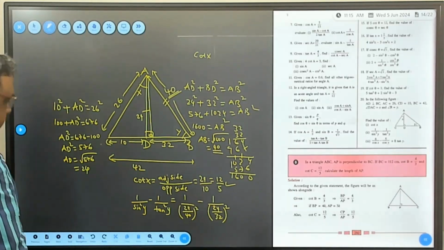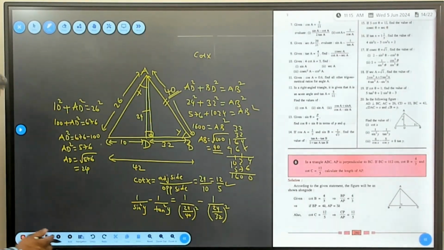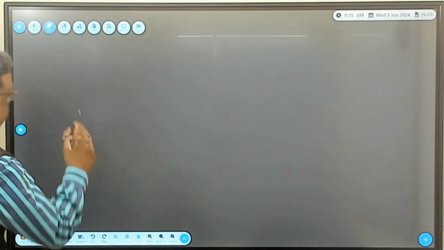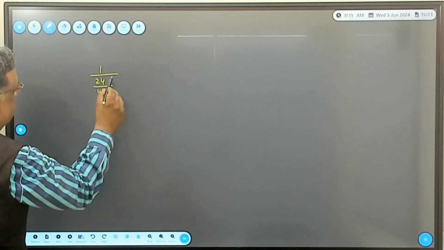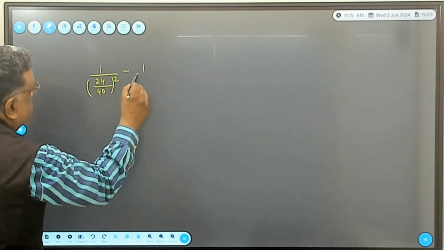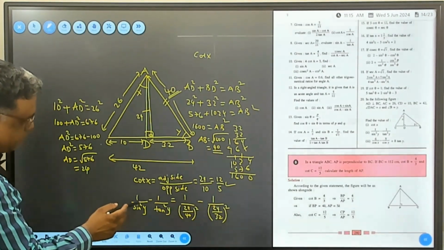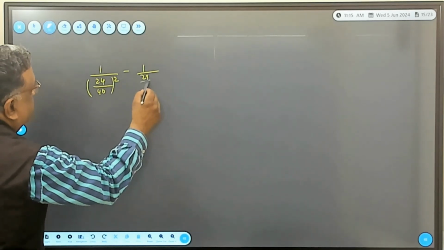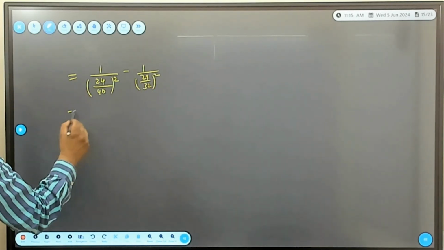Now, to do that correctly, I will do 1 upon (24 upon 40) square minus 1 upon (24 upon 32) square. This was what I wanted to find out.